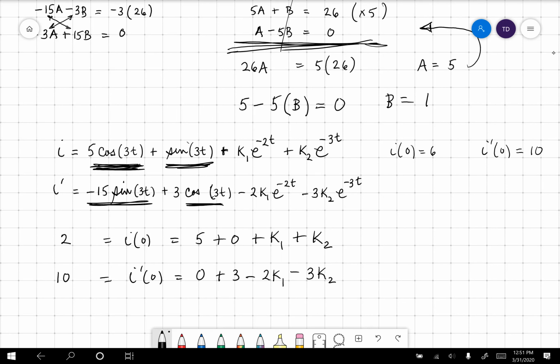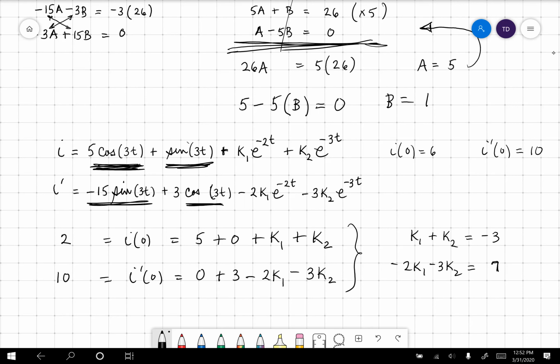Let's just rewrite these over here. K1 plus K2 equals minus 3. And minus 2K1 minus 3K2 is equal to 10 minus 3. 10 minus 3 is positive 7, sorry.